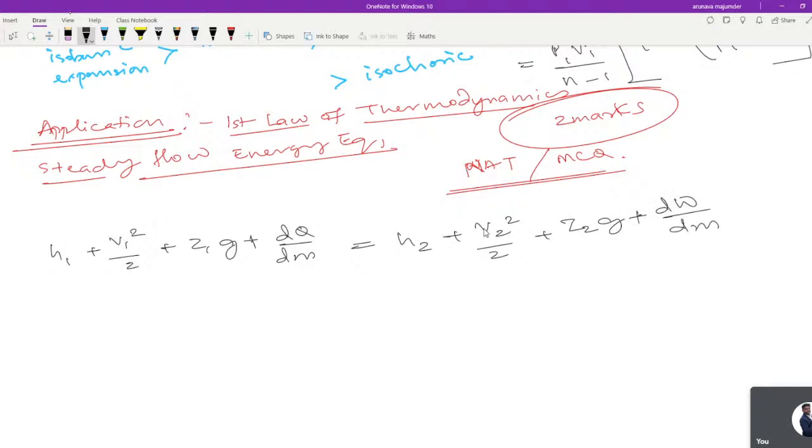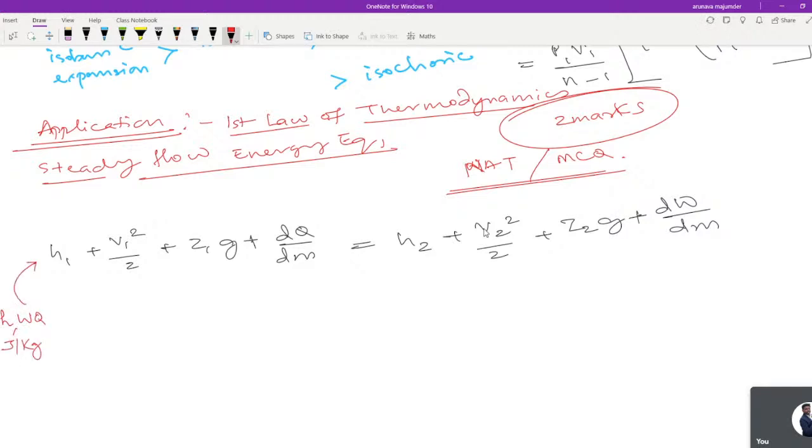Definitely you will get a question. Now this is a general equation, and you have to remember it. Now what is the point? You can use this formula if the enthalpy units or work done units are all in joule per kg.